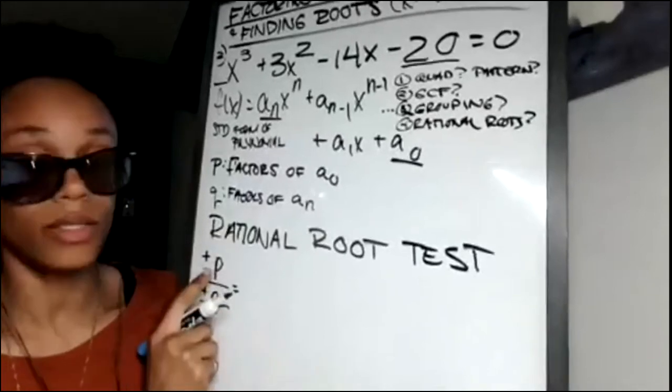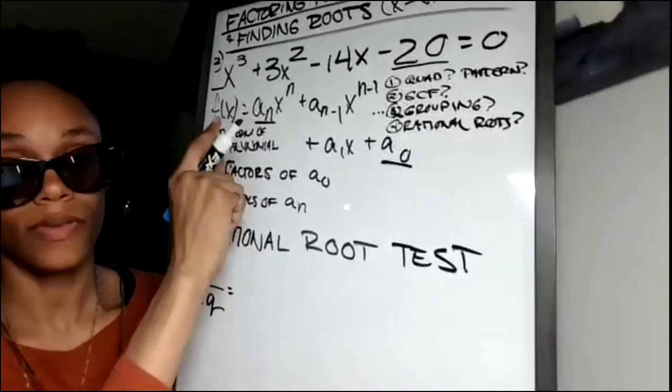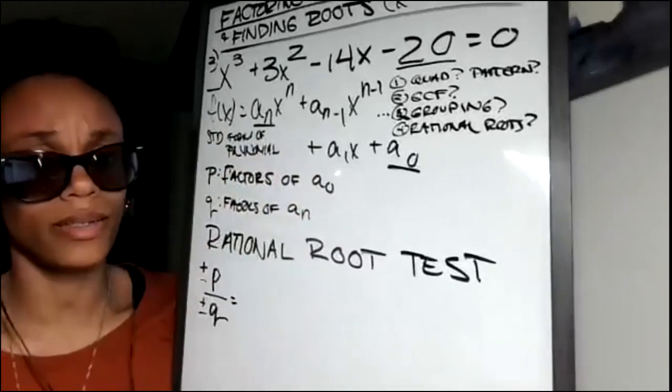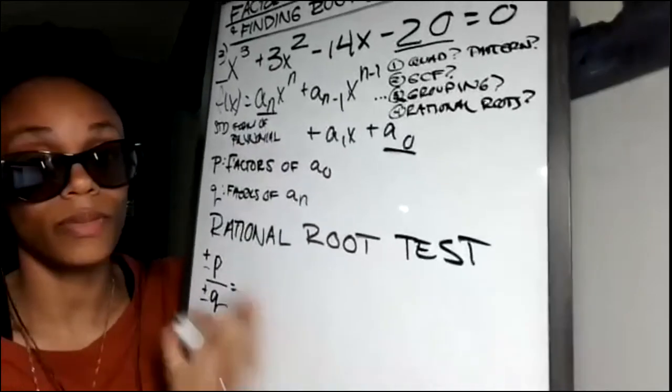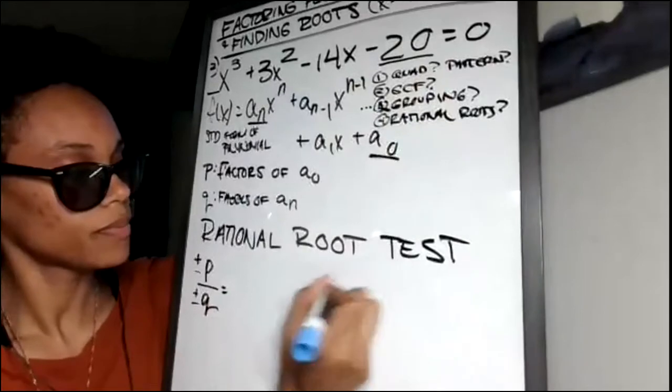So P is just used to represent each of those factors. Q is used to represent each of those factors. So again, I think you'll see it presented in your text this way, which can be a little confusing, but that's what it's saying.